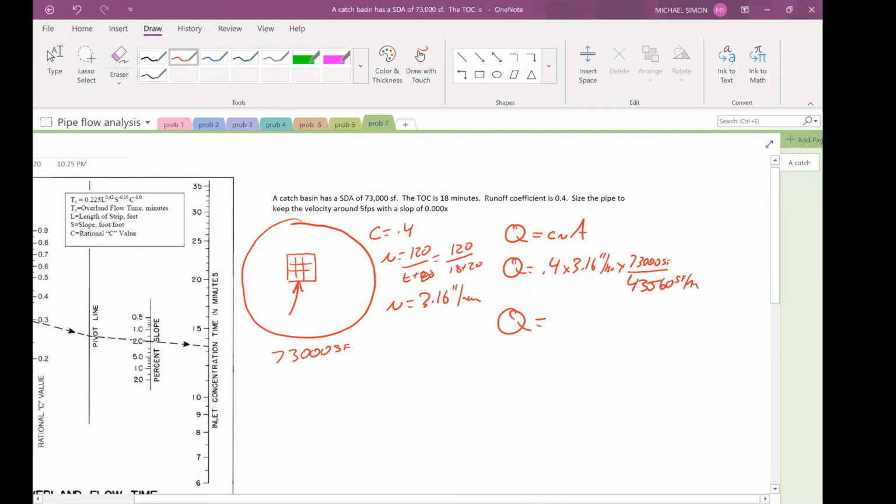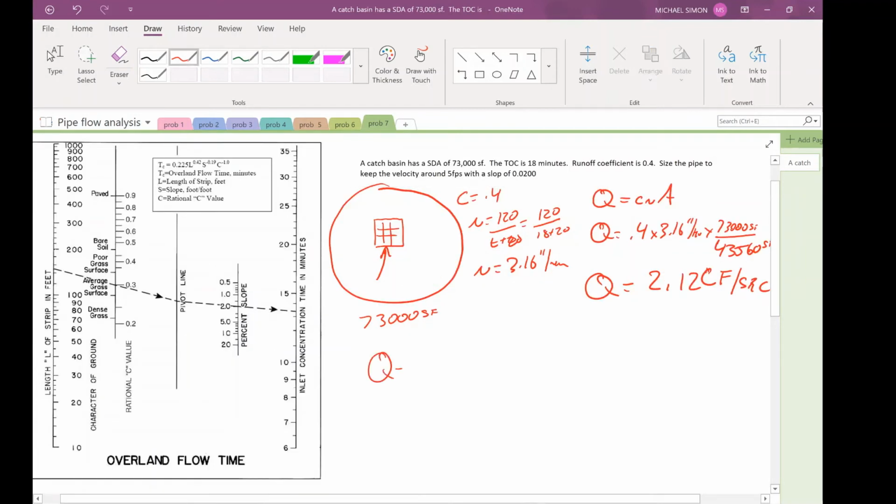So Q going into the basin will be 2.12 cubic feet per second.